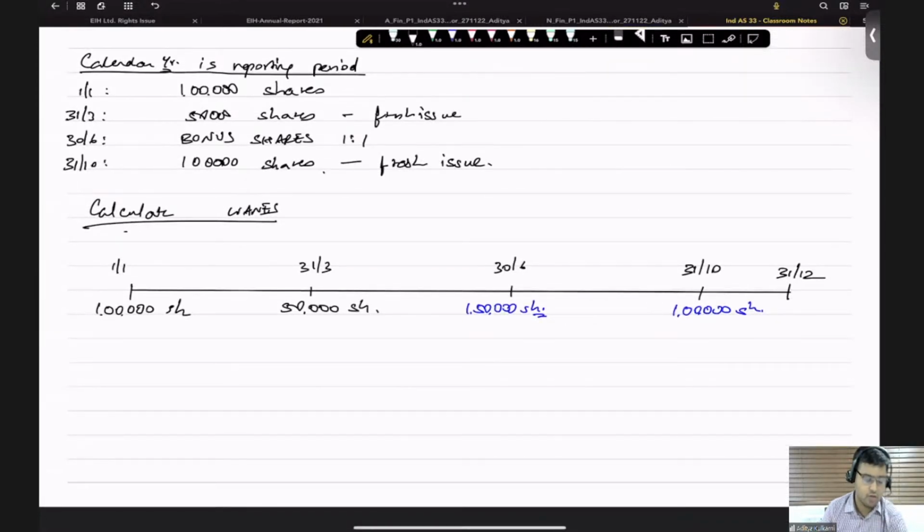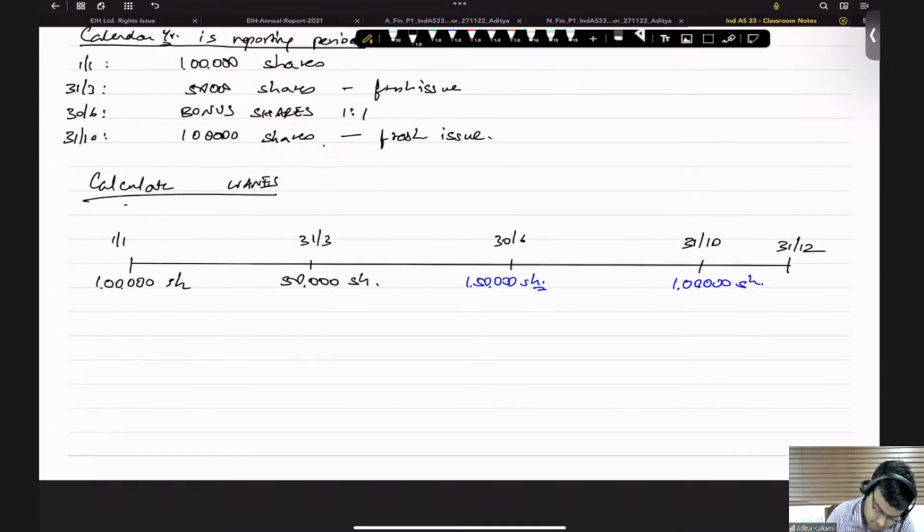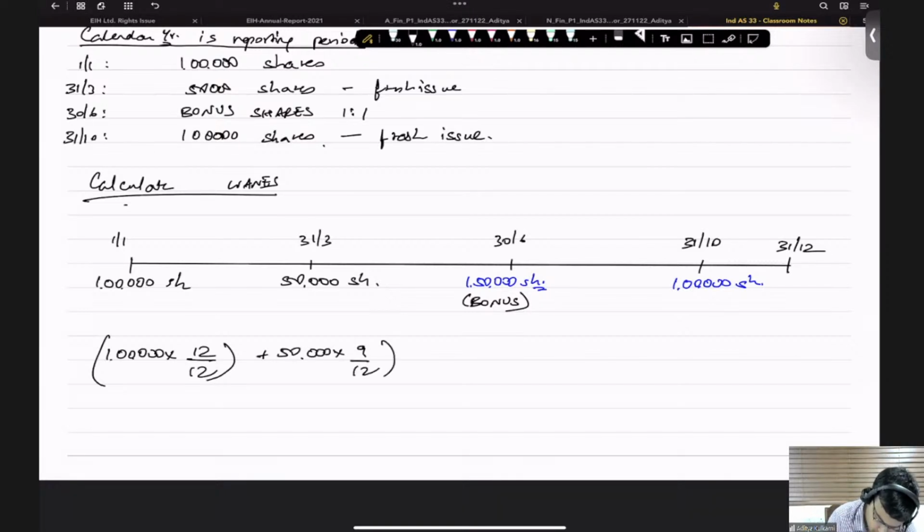Okay. So now, here is my bonus. So what many of us would have done is 1 lakh. Sir, this is the full 12 months. So 1 lakh into 12 by 12. 50,000 is there for 9 months. So many of you would have got this also.